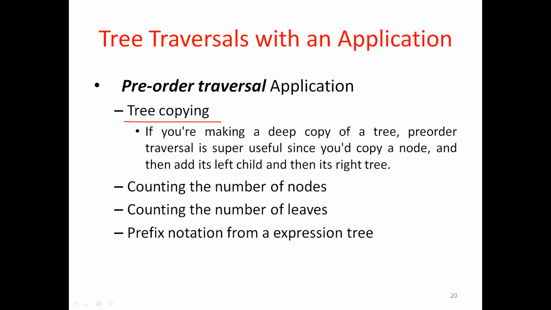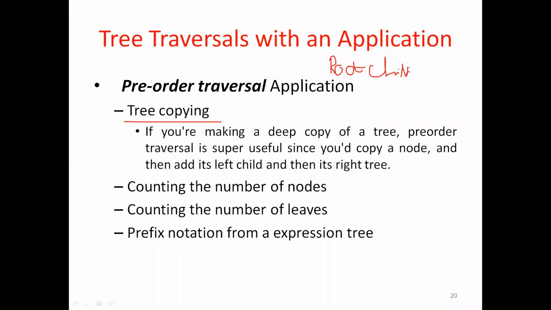Okay, in case of copying a tree, what will you do? If you want to create a tree, you have to create a parent node, then you will create the child node, right? The same thing. Because in case of pre-order, first you work on the root node, then only we move to the child nodes.